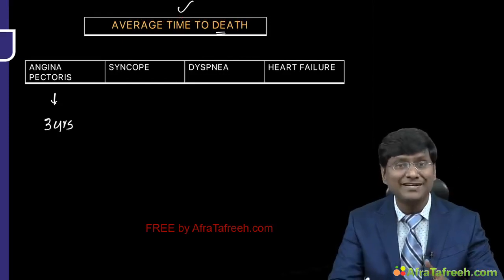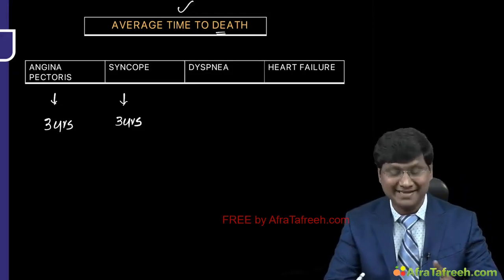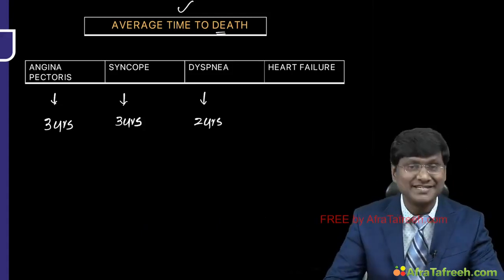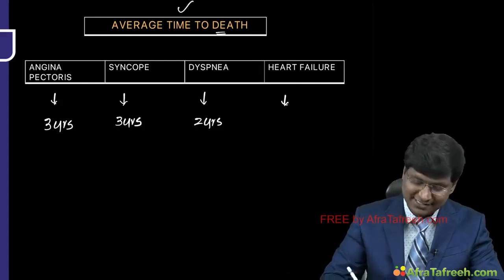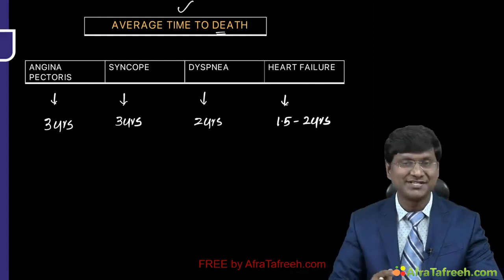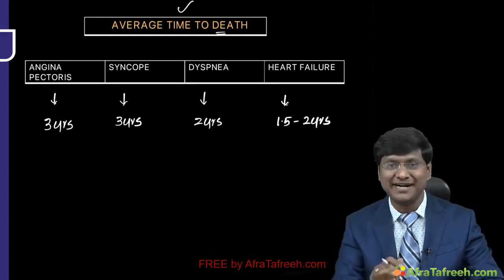After a syncopal attack, the average time to death will be 3 years again. With dyspnea, the average time to death will be 2 years, and if the individual has developed heart failure, the average time to death will be 1.5 to 2 years. So this is the natural course of a patient with aortic stenosis.